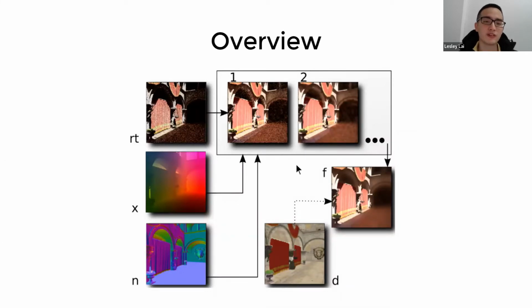So we have 3 buffers: the ray traced noisy buffer, the normal and the position, and then we put them into this algorithm. We generate a less noisy image, and then we do this algorithm again using this less noisy image as the ray traced buffer. And then we get another image, and so on and so on.